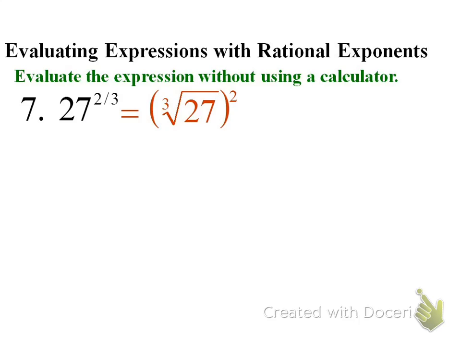Or, like I was saying, in some cases it'd be easier to do 27 squared and then take the cubed root. But in this example, do we know what the cubed root of 27 is? Yeah, what is it? 3. So it's much easier to do that first than to do 27 times 27, right? So we're just going to do the cubed root of 27 first, and then we're going to square the result. So you guys already said that was 3, and then 3 squared is 9. Very good.